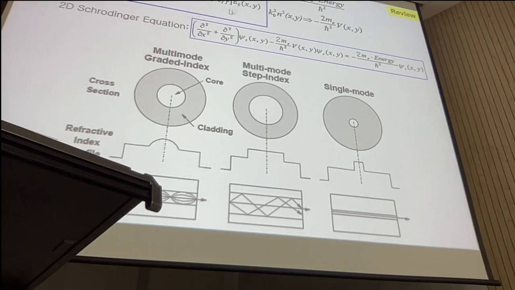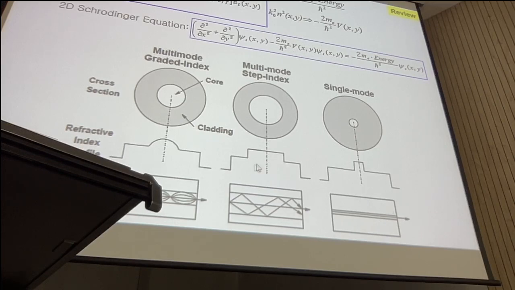Okay, so k effective square corresponds to the energy, and n square corresponds to the minus potential. So if we have a waveguide structure, this is a multimoded graded index fiber, and the step index fiber, and this is a single mode step index fiber. This structure, where the refractive index is larger at the core, is like a negative potential at the core, because n square corresponds to minus the potential.